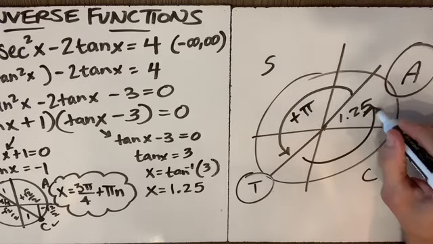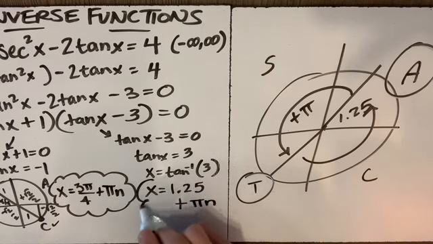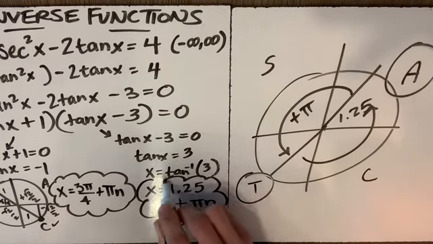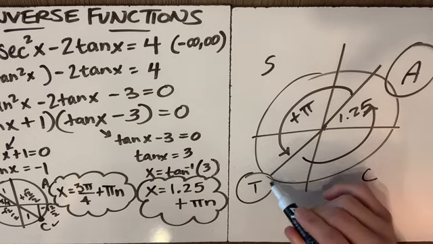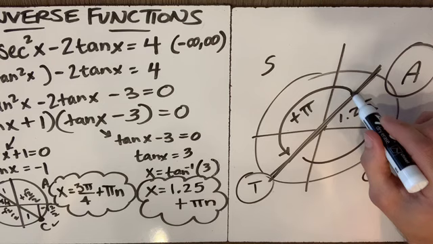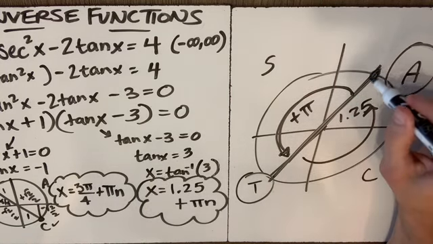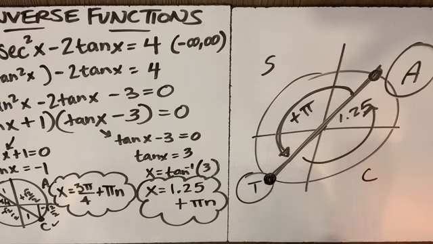To get back, I have to add 2 pi. So I can say 1.25 plus pi n. Again, when you have tangent and cotangent, and in some other circumstances too, if the answers are directly across the unit circle from each other, then to get to the next answer, you're not having to add 2 pi, but rather just 1 pi.